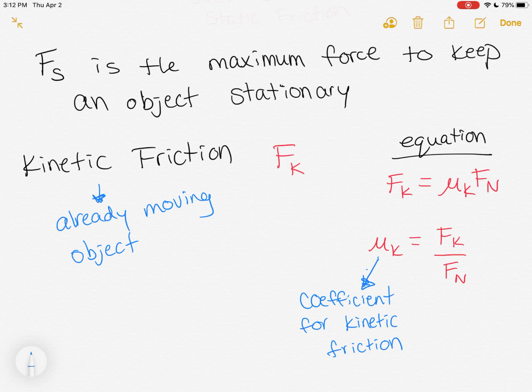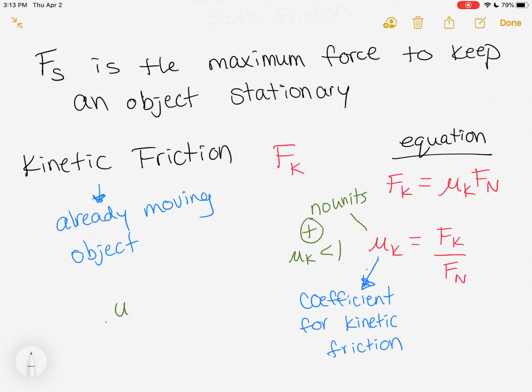It has all the same parameters as mu s. So it is going to be no units. It's going to be positive. It's less than 1. But there's one other parameter for mu k.